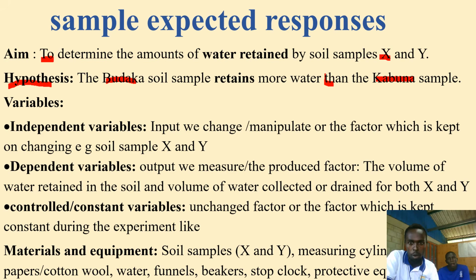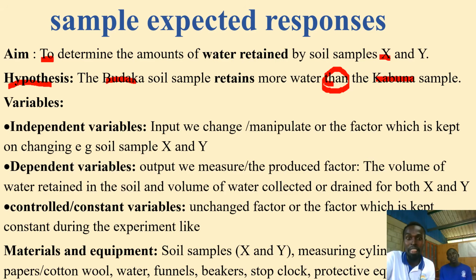Let me circle it. "Than." It's a comparison, right? You're comparing the retention of water in two different soils. To me, I would think, yes, you're right when you say Budaka soil samples retain more water than Kabuna soil samples.